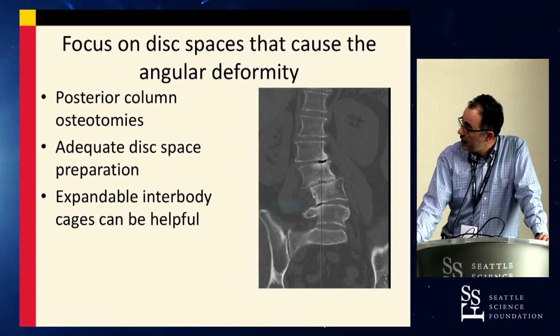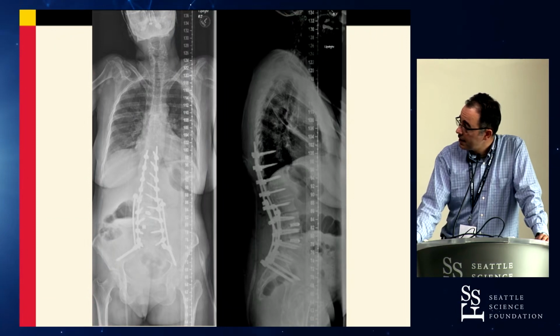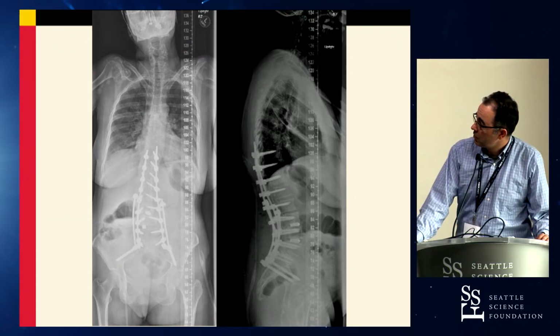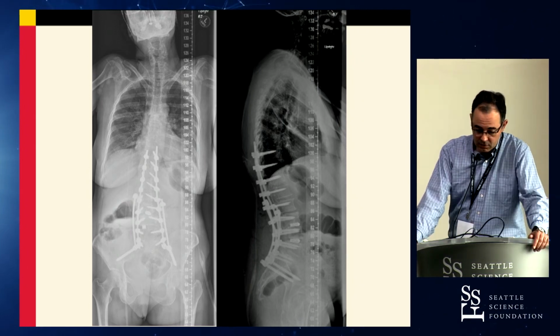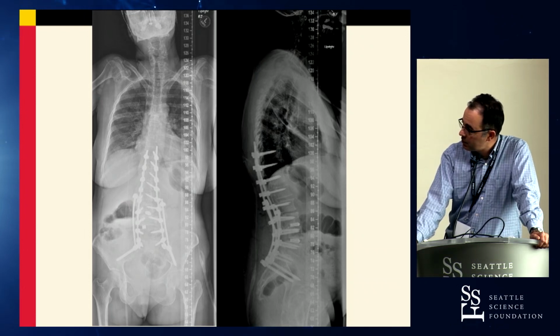So I do think that in the end, this is what we did. She ended up doing well, but the argument is that could we have done something smaller, and it's possible.